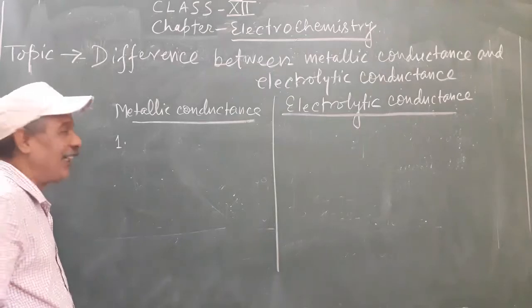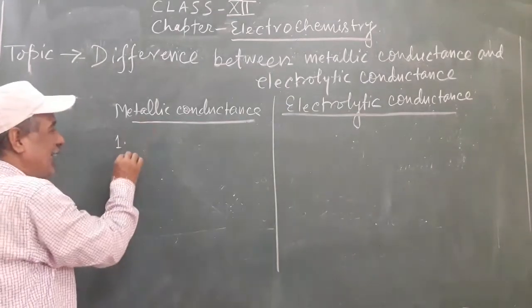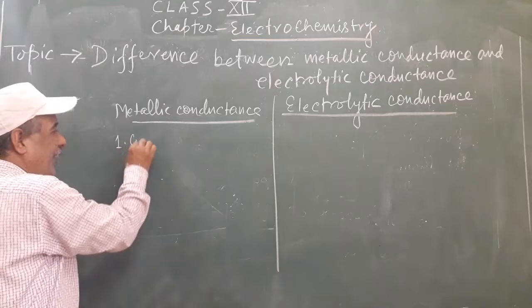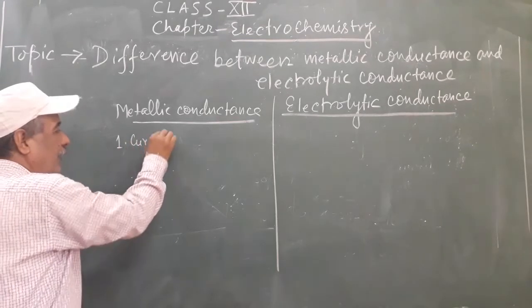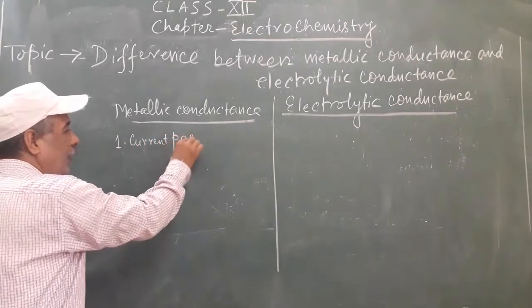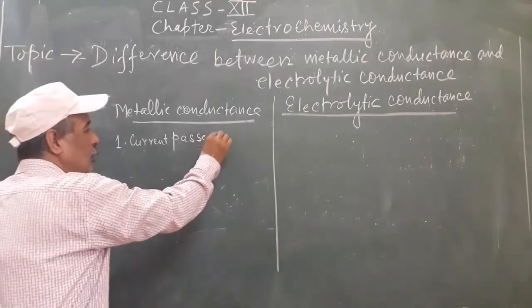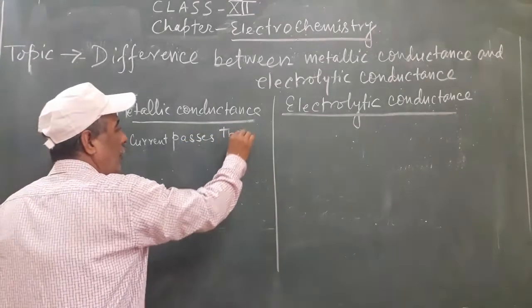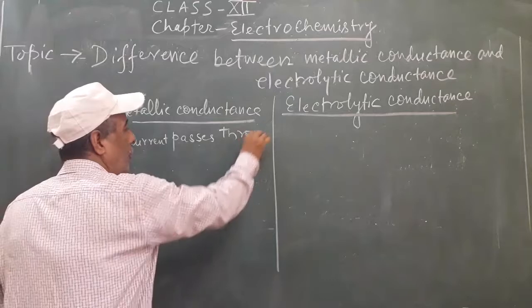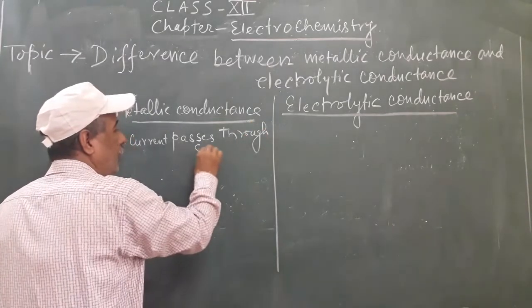Now, first point, in metallic conductance, current passes through solid.